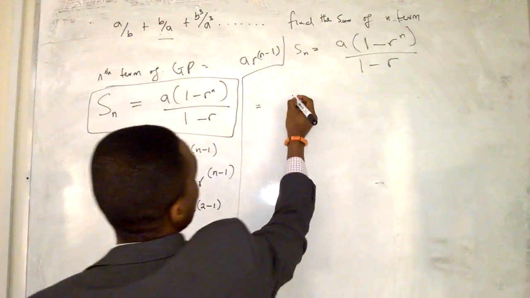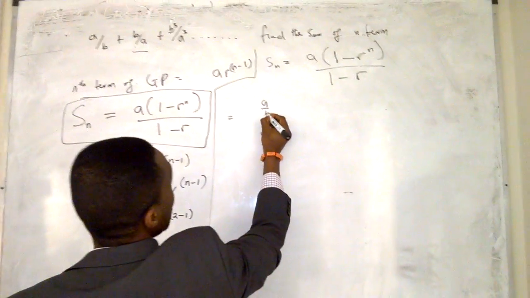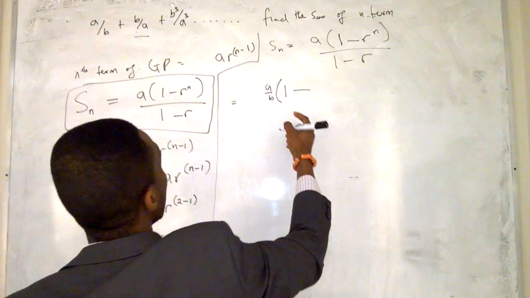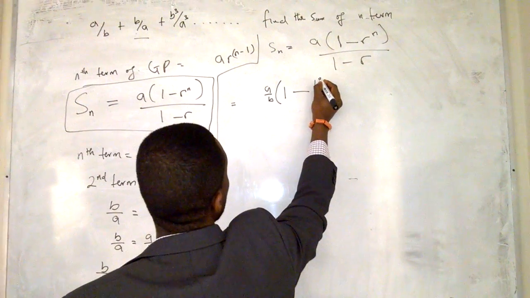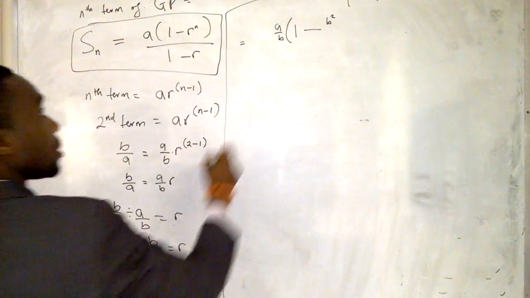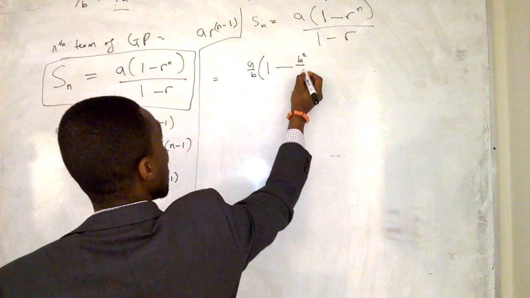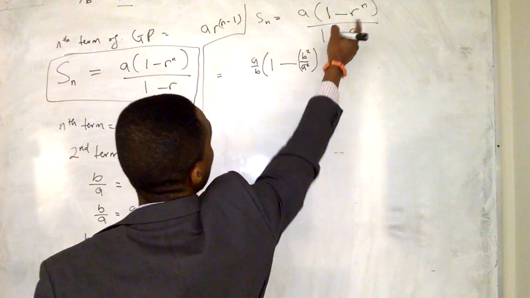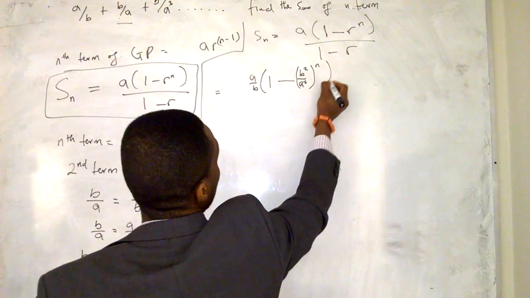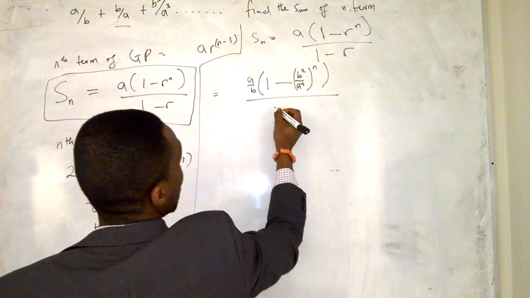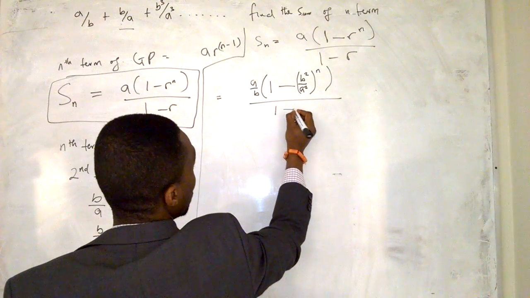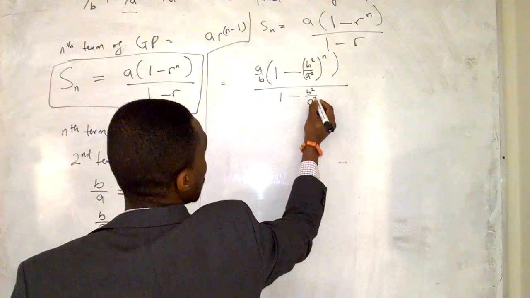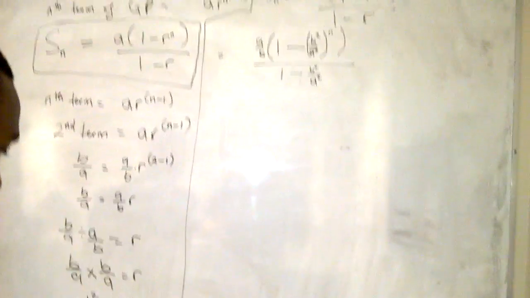A over B is going to be A over B into bracket 1 minus, what is our R? Our R is B squared over A squared, all into bracket N. The same thing goes here, 1 minus B squared over A squared, right?